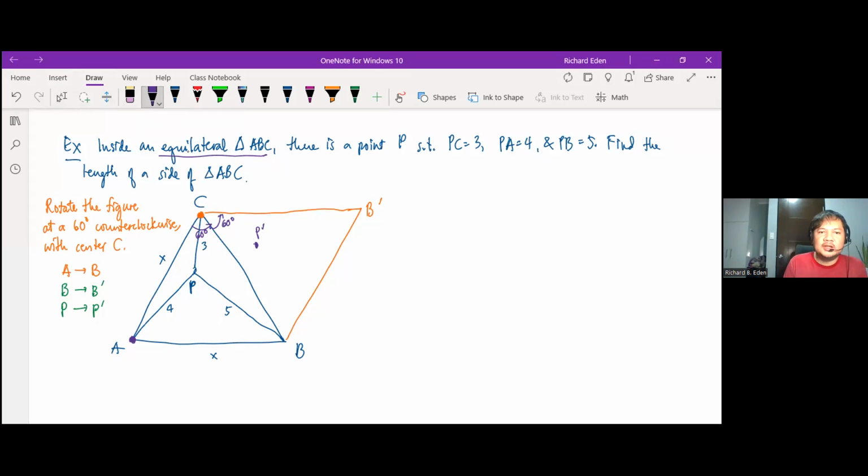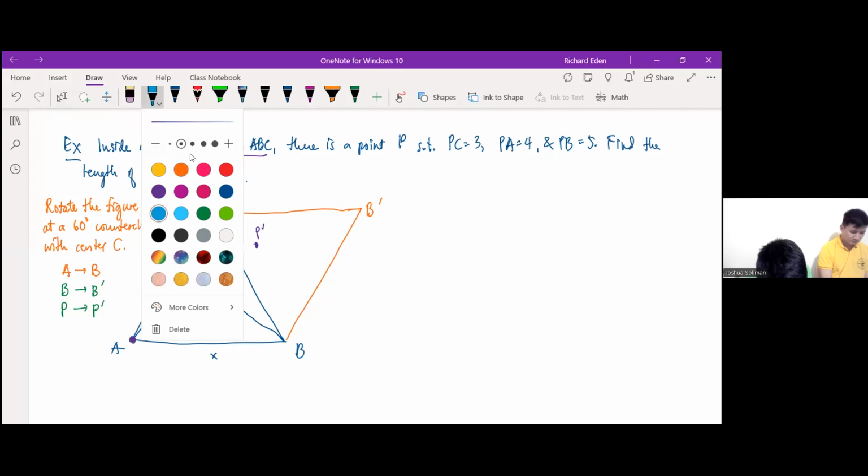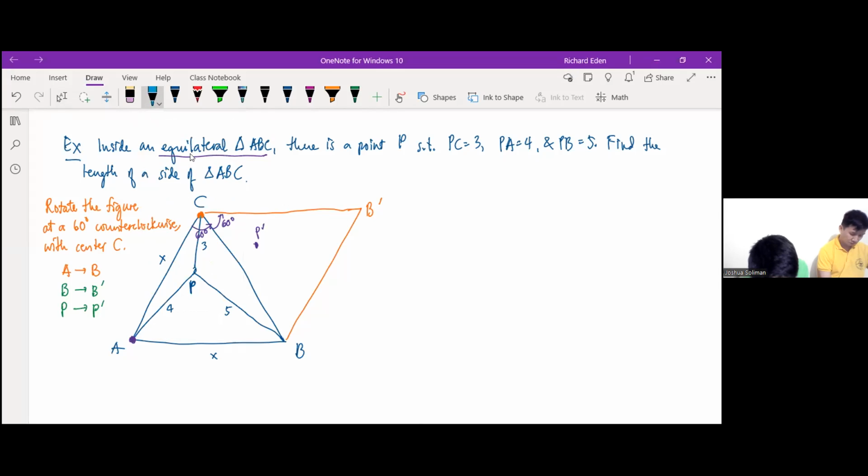Okay, but the implication is that if you compare CP with CP prime, that must mean CP prime is what happens when you rotate CP by 60 degrees, right? So what is the implication of that fact?